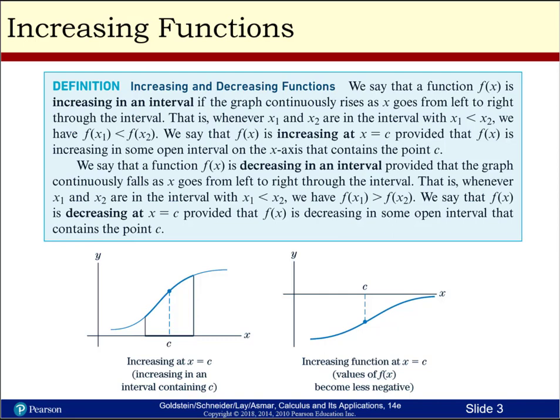That is, whenever x1 and x sub 2 are in the interval, with x sub 1 being less than x sub 2, we have f of x1, which is the y value for x1, is greater than f of x2, which is the y value for x2. We say that f of x is decreasing at x equals c, provided that f of x is decreasing in some open interval that contains the point c.